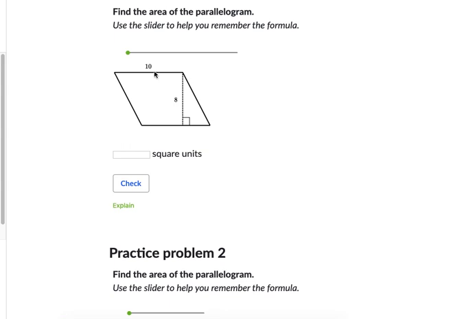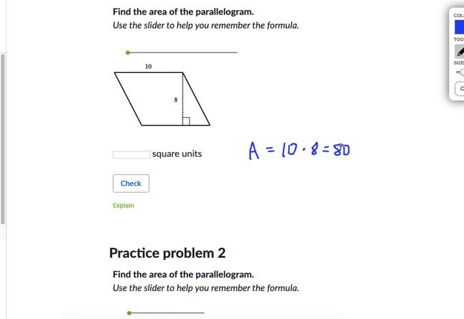So we just end up with 10 times 8, which would give us 80.